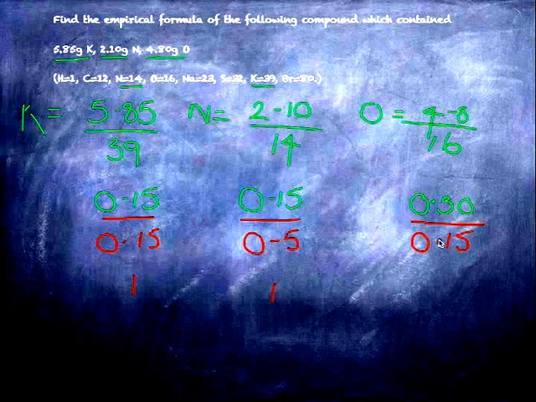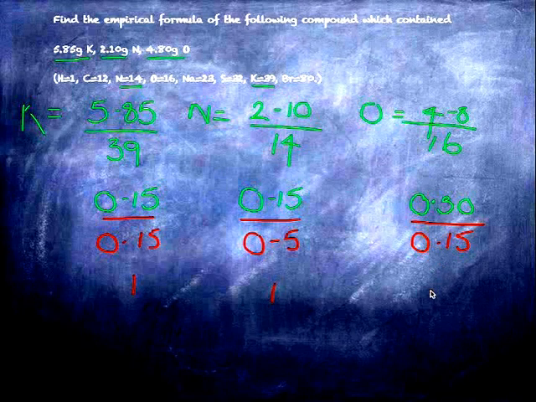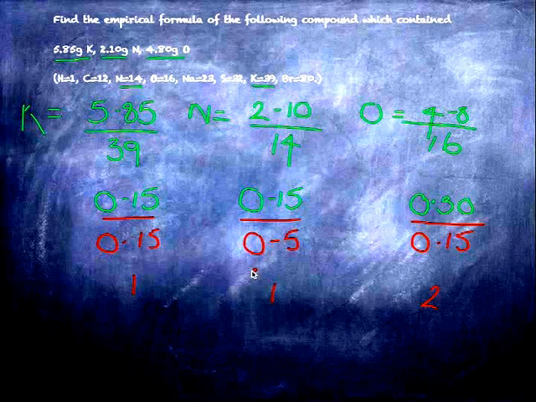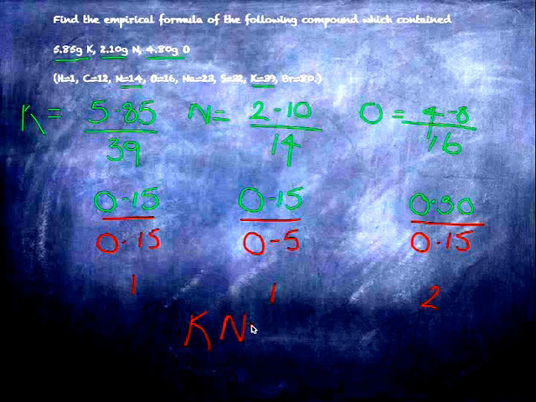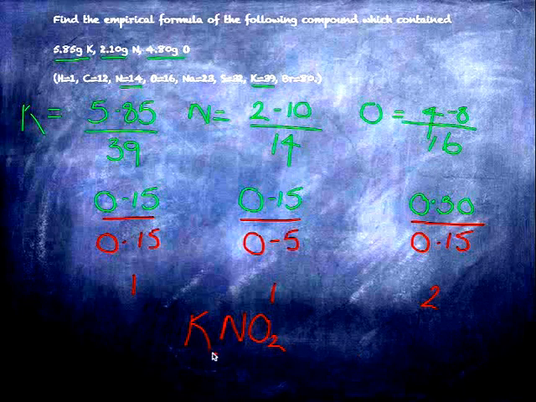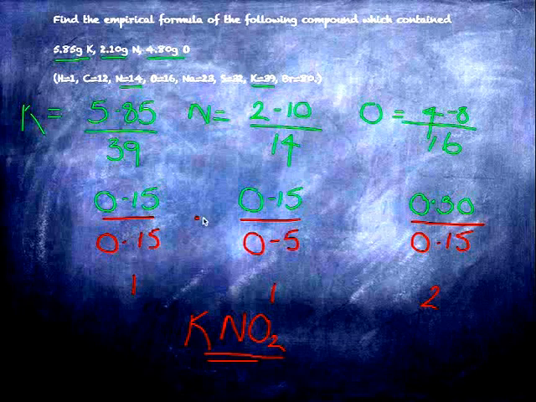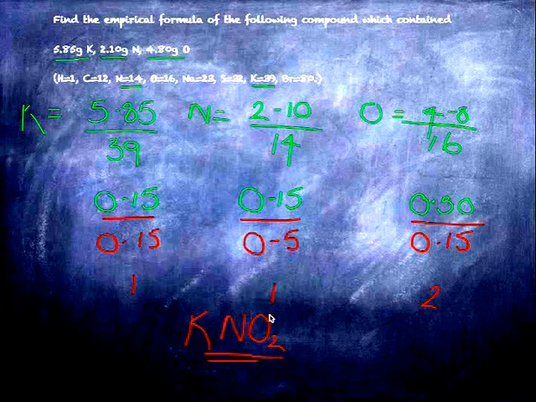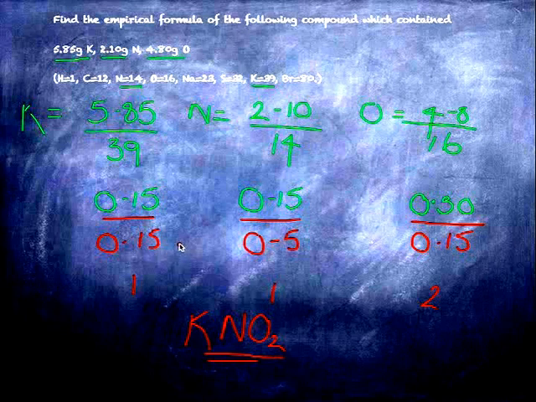This time 0.3 divided by 0.15 works out at 2. So we have a ratio this time of 1 to 1 to 2. So our empirical formula is KNO, and because we have 2 oxygens, 2. There's our empirical formula, with the notion of taking the smallest number and dividing all of the larger numbers by this smallest number. And that's what you do whenever you encounter numbers like this that are quite small, that you need to try and make more sense of in terms of the ratio.